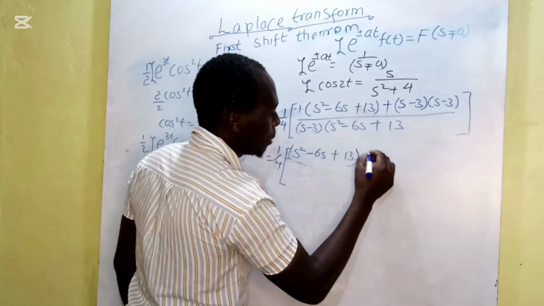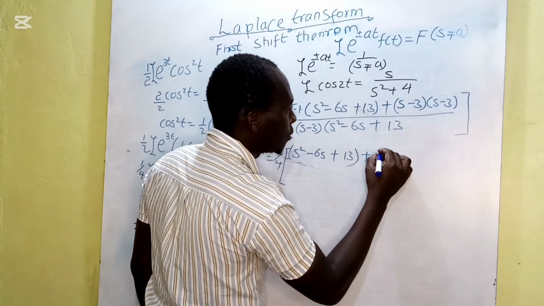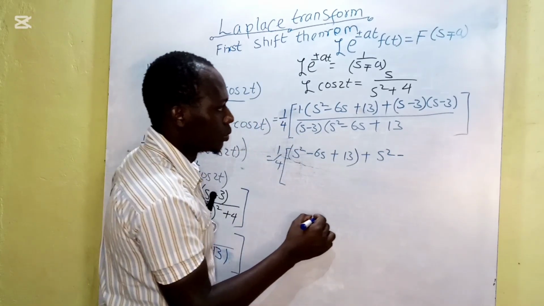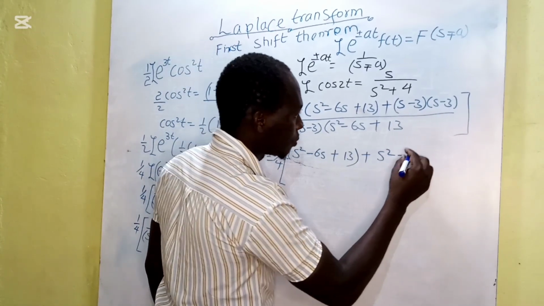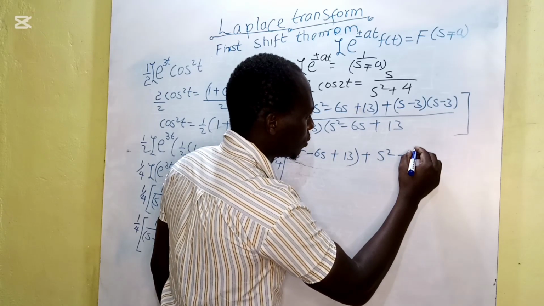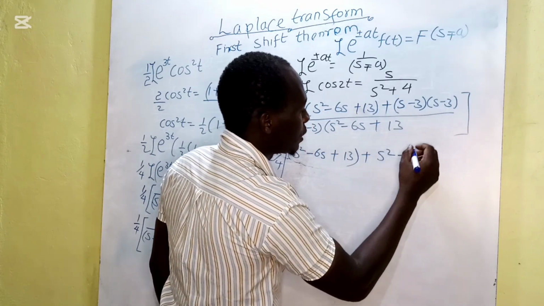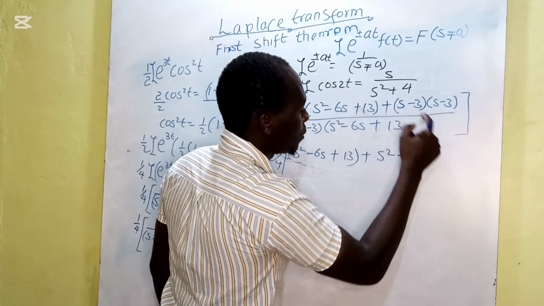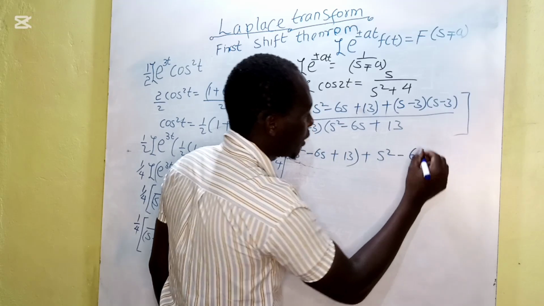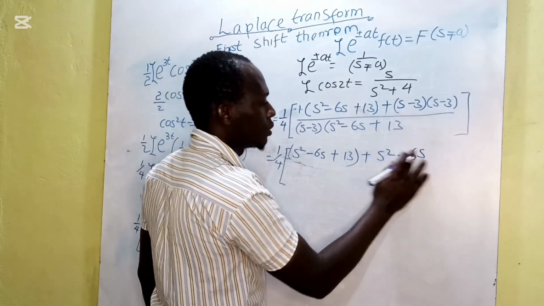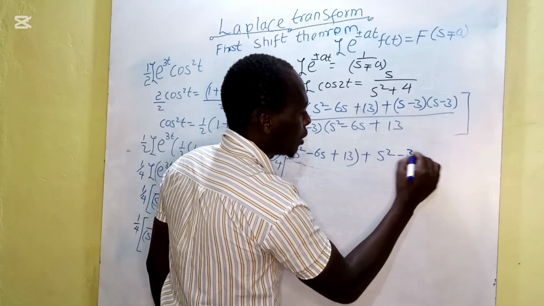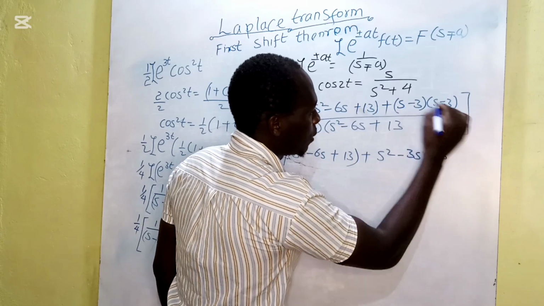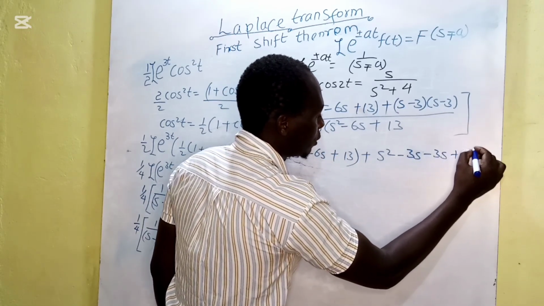Our first bracket, we come and add to, here we are going to have s squared, we subtract from 6s, because we are going to take, we subtract from 3s, we subtract from 3s, we add to 9.